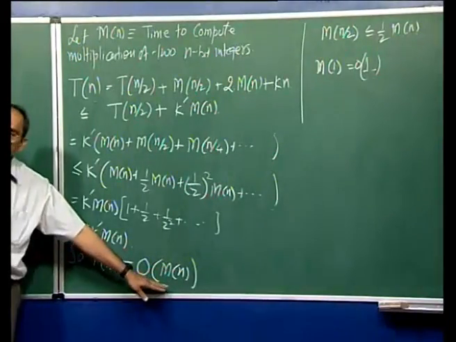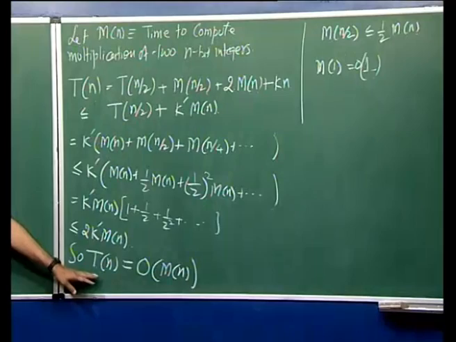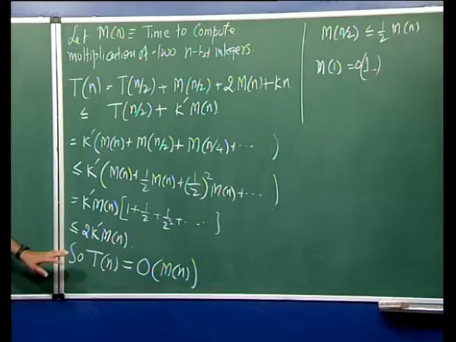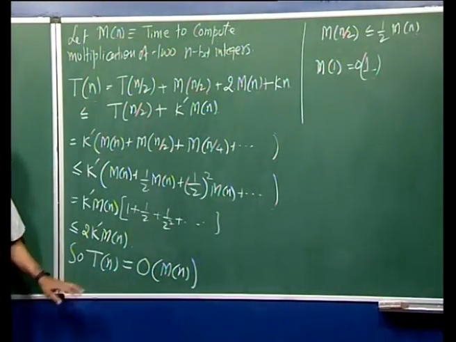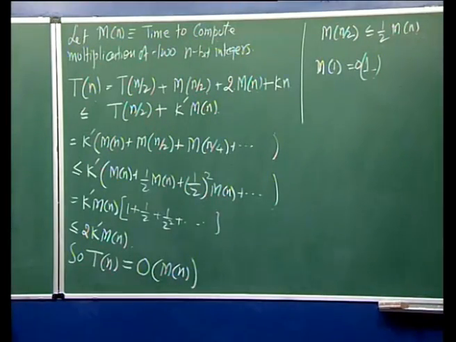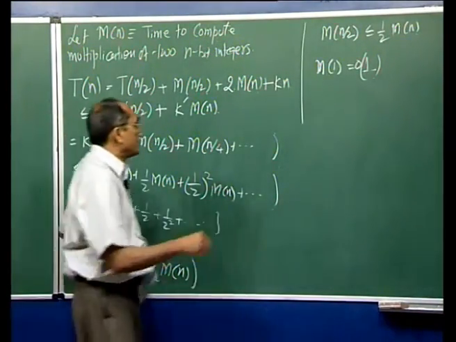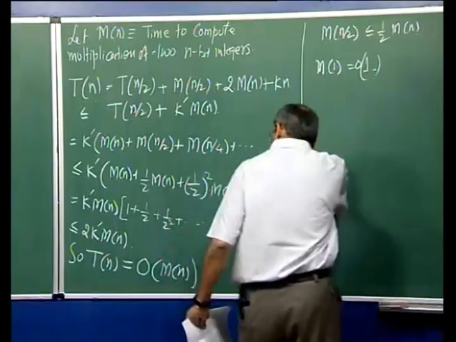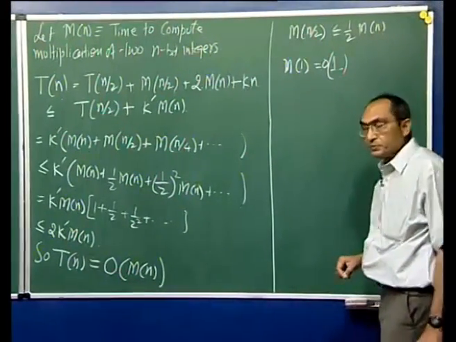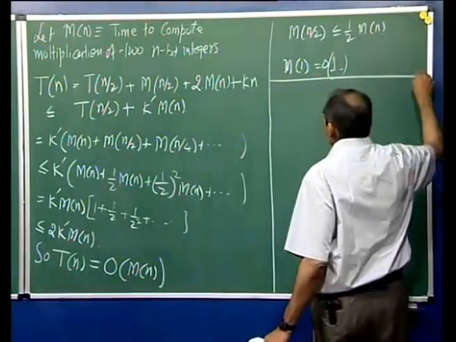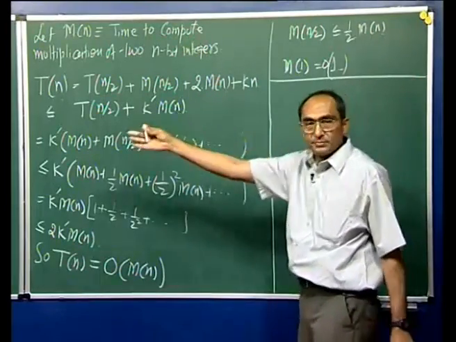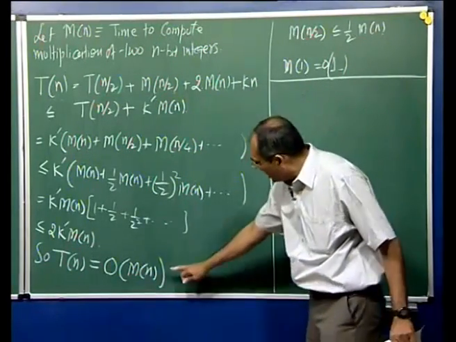That was our objective. Now we need to address what happens when n is not a power of 2. In general n need not be a power of 2. Then how do we actually use such an algorithm to justify this result?